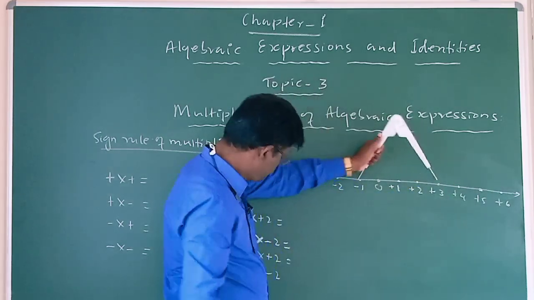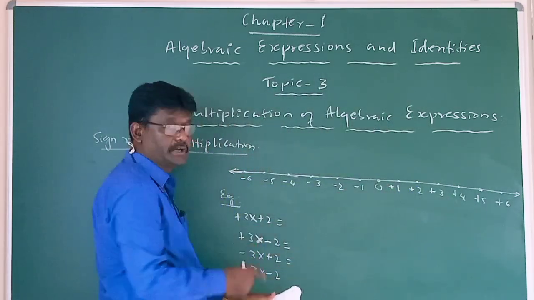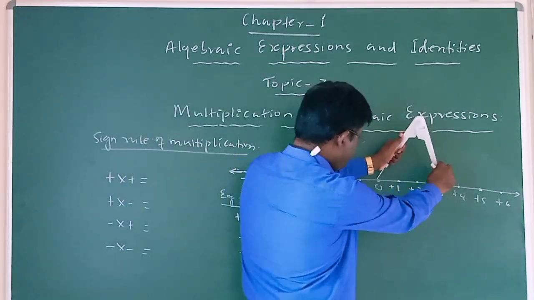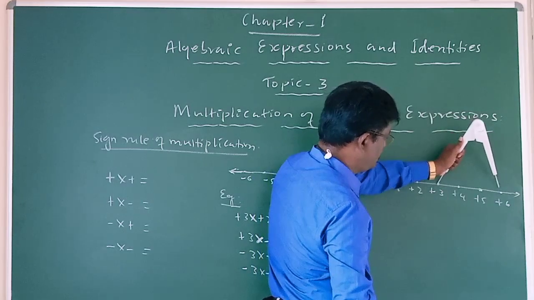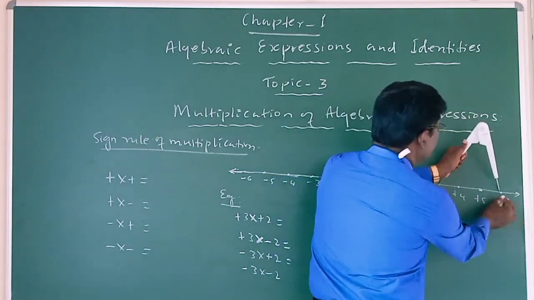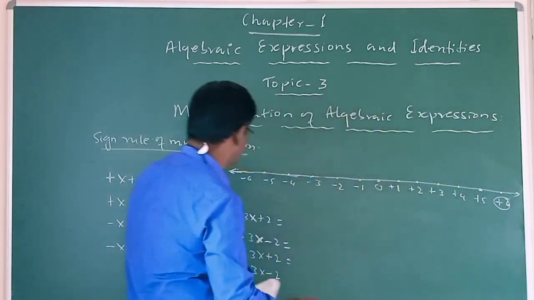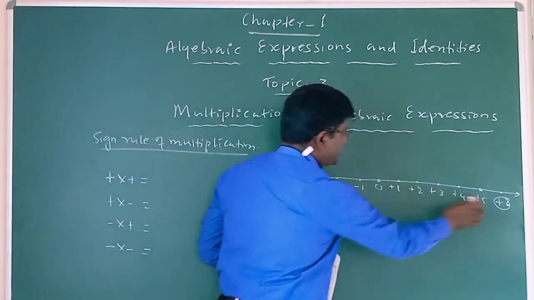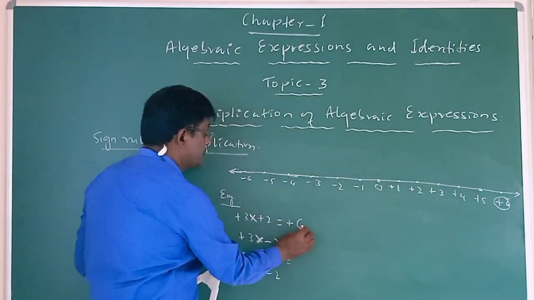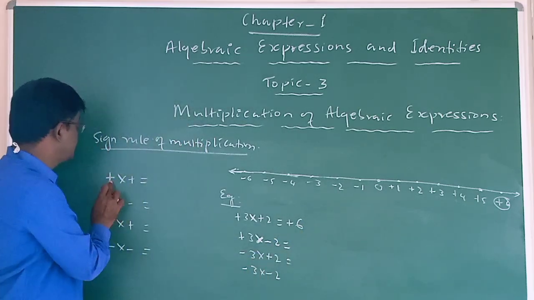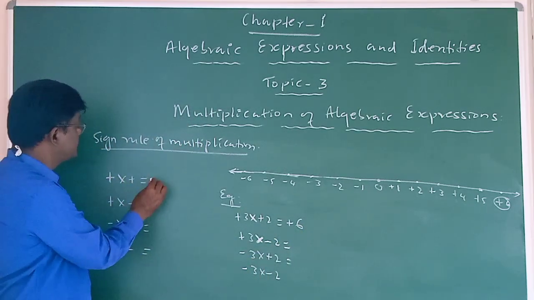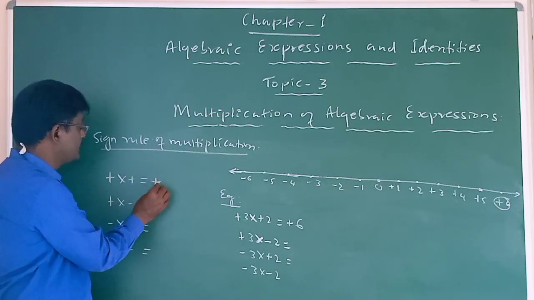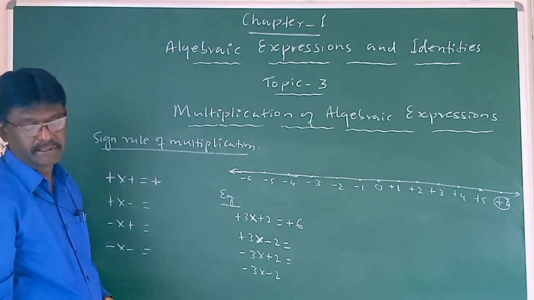Plus 3 is multiplied by how many times? 2 times, hence 1 and 2. Now you see, what is that? Plus 6. So plus into plus becomes plus. Hence we can generalize: plus into plus is plus.